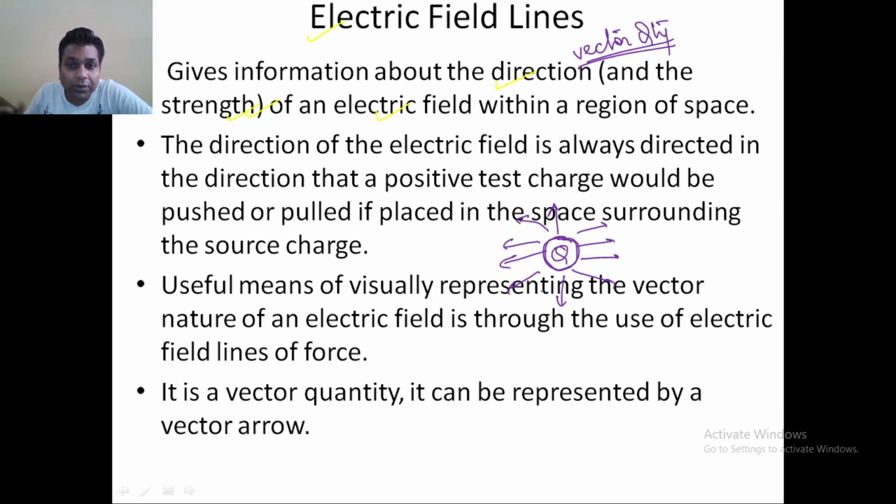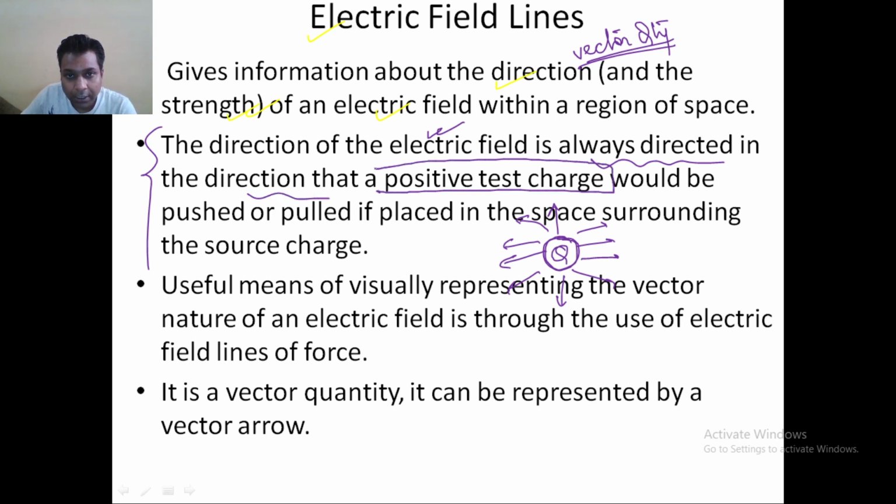Now you may have a question: sir, how do we decide the direction? Our convention is that the direction of the electric field is the direction that a positive test charge would be pushed or pulled if placed in the space surrounding a source charge.